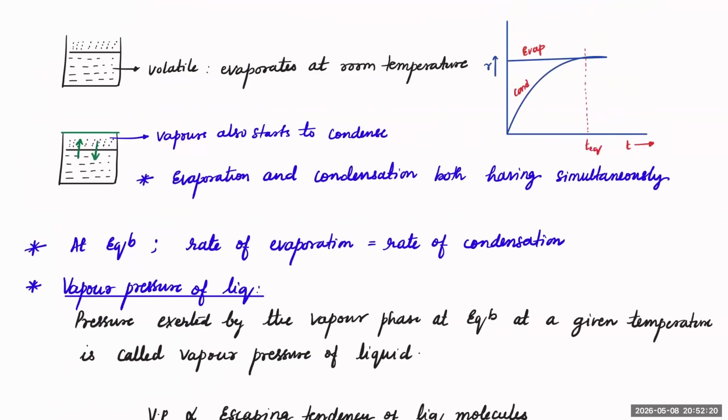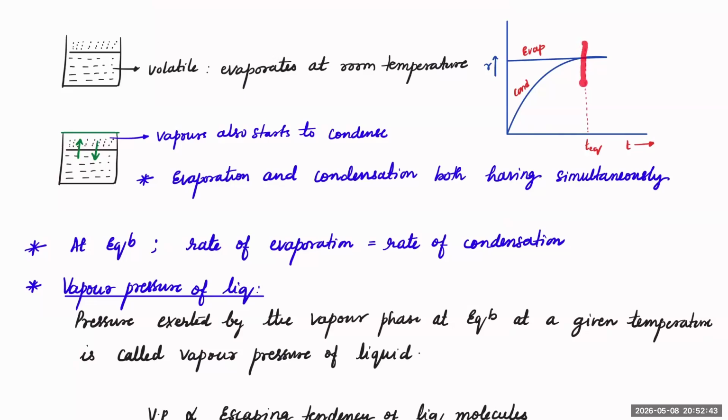Now, can I say that at a saturated state, when the rate of evaporation and rate of condensation are the same, the number of particles in this space will be constant? So over a period of time, it will apply the same amount of pressure, isn't it?